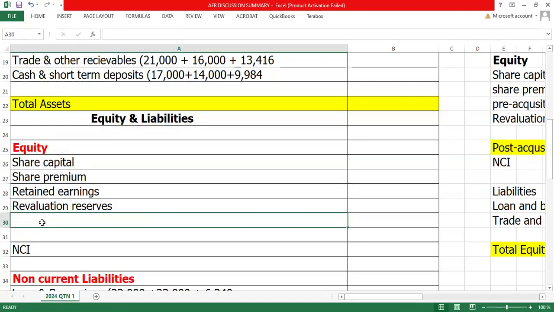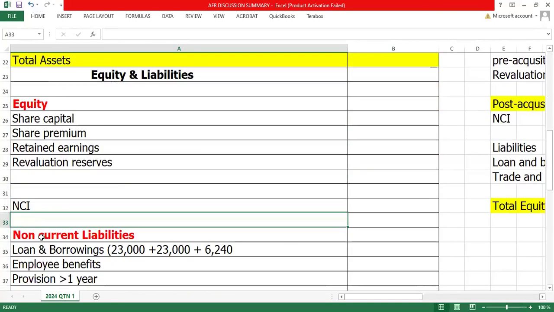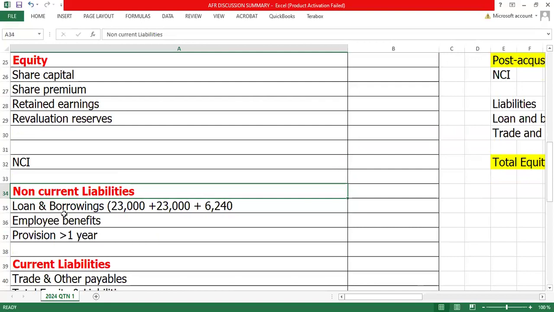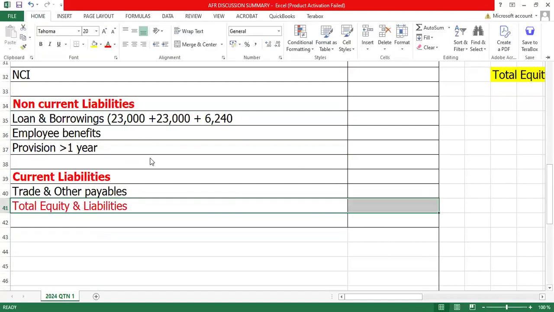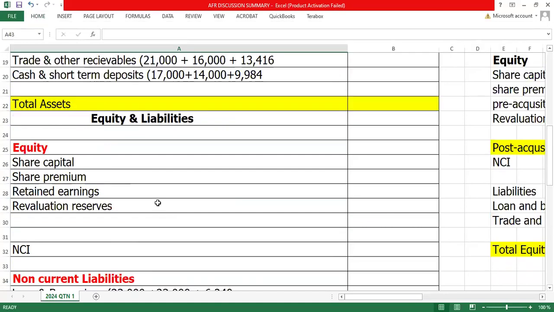But at this moment, items of equity from the question: share capital, share premium, retained earning, revaluation reserve. Then leave like 2 lines, put NCI, leave like 1 line, put non-current liabilities from the question. Then leave 1 or 2 lines, put current liabilities. Then at the end, you will get the figure. Now, this is our template.